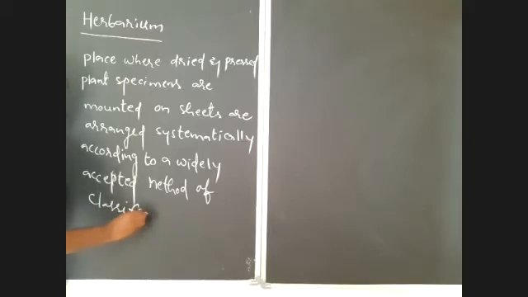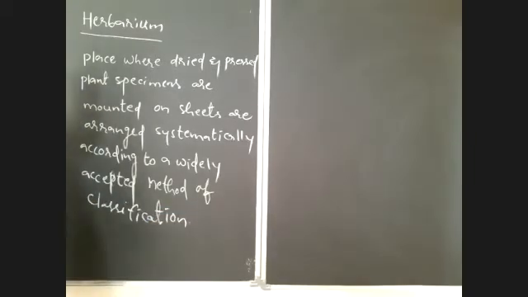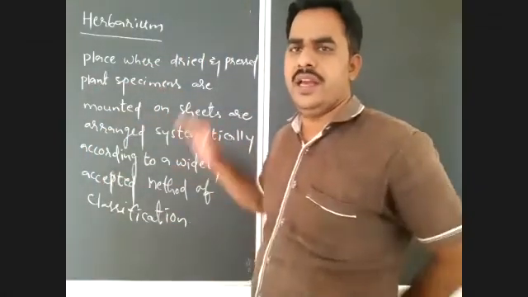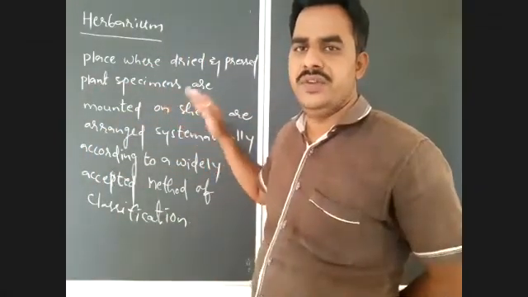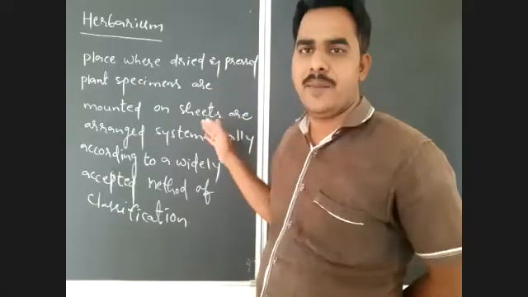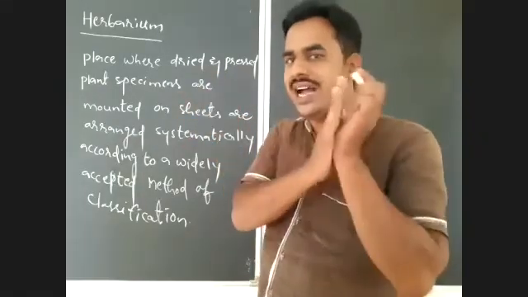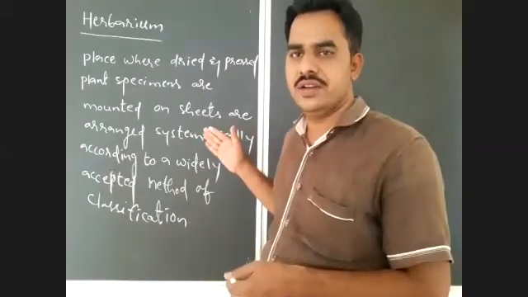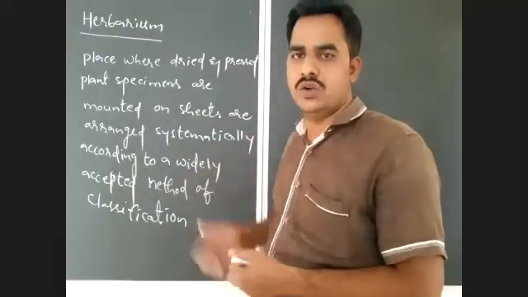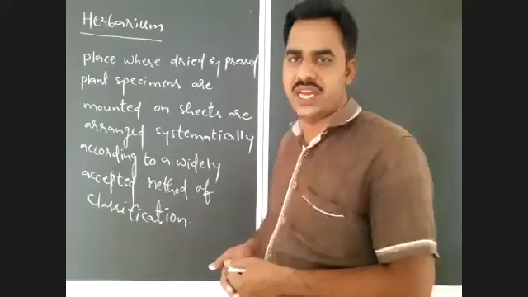So this is a definition you could write for what is herbarium. Herbarium is the place where dried and pressed plant specimens are mounted or attached to sheets and arranged systematically according to a widely accepted method of classification.